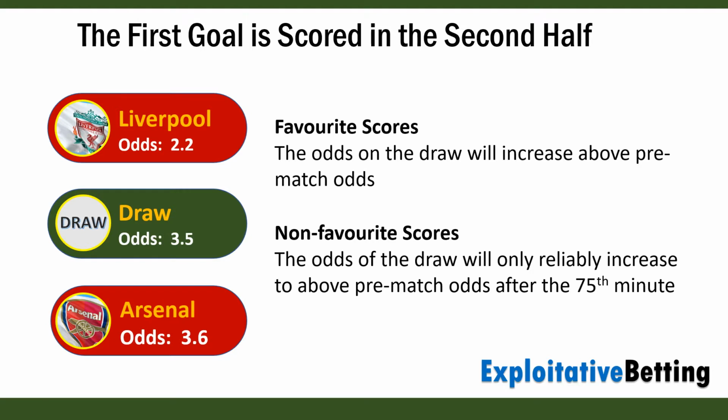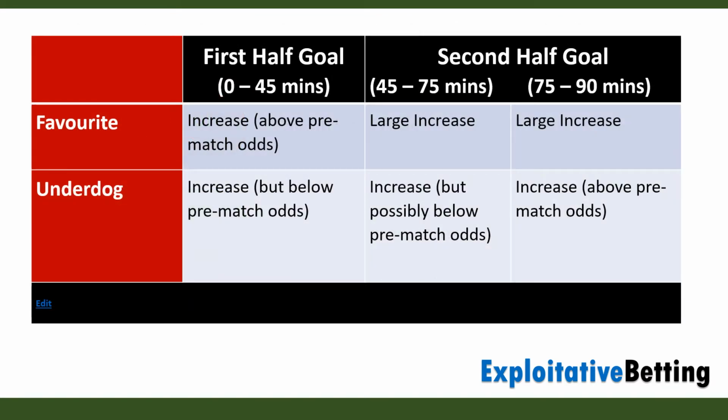The later in the second half that the non-favourite scores, the higher the rise in the odds of the draw, obviously. And when the non-favourite scores first, you can only completely rely on an increase above pre-match draw odds after the 75th minute.